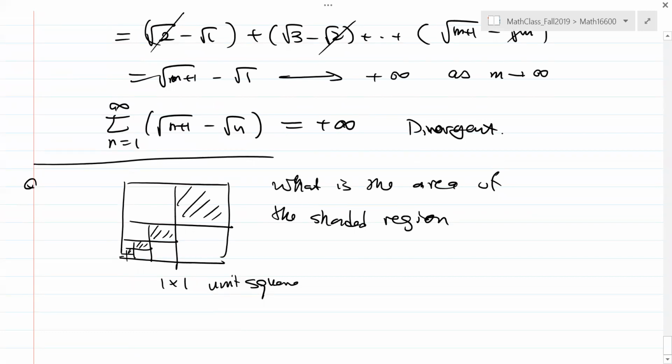Add them together. So the total area, if this is area A1, that's A2, A3, this total area is going to be the sum for k from 1 to infinity. So you add them together. And it is finite.